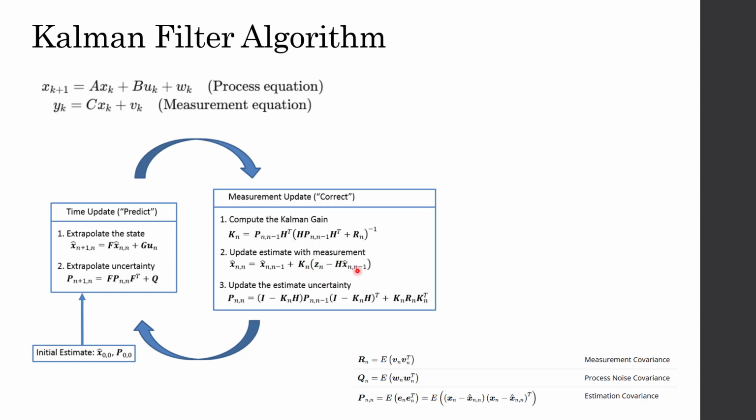This step is important in the sense that it decides what is more important, and based upon it, it calculates the uncertainty, and this is used in predicting the state variables again.